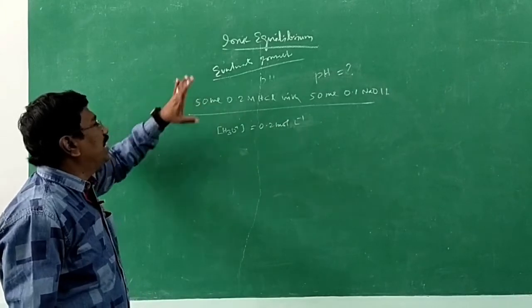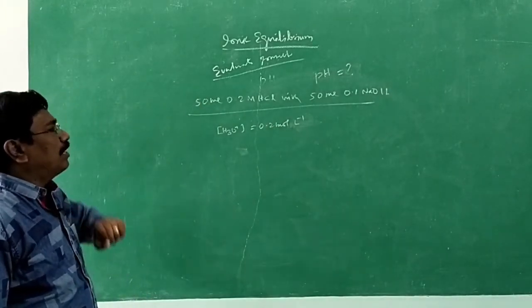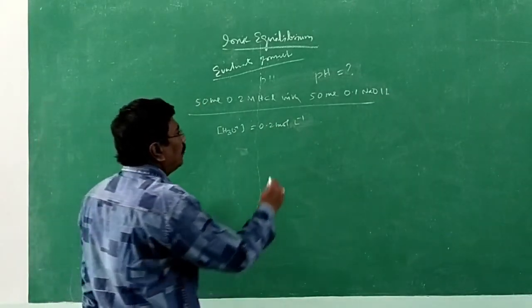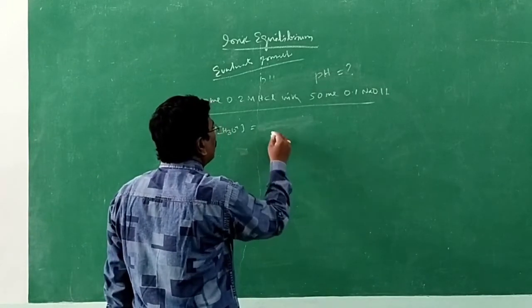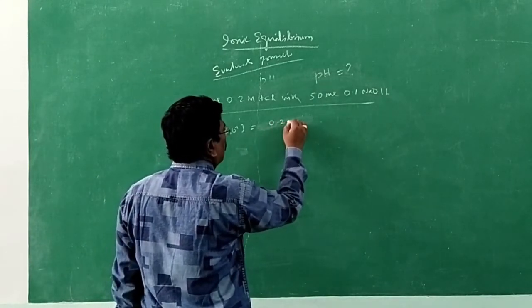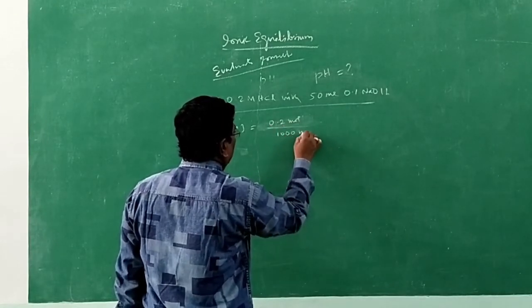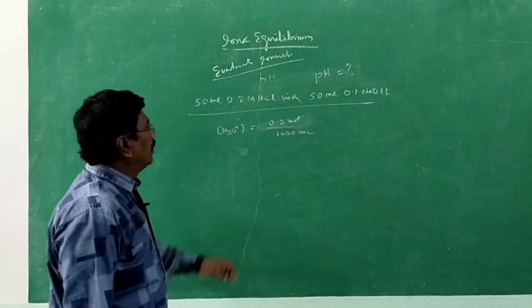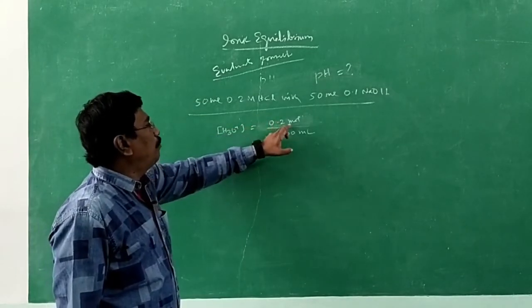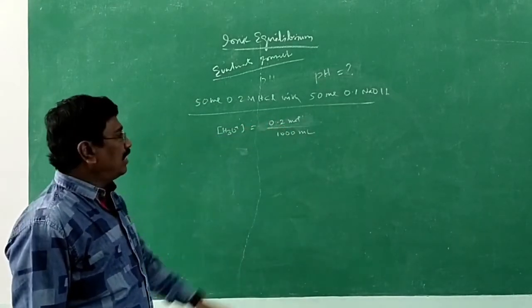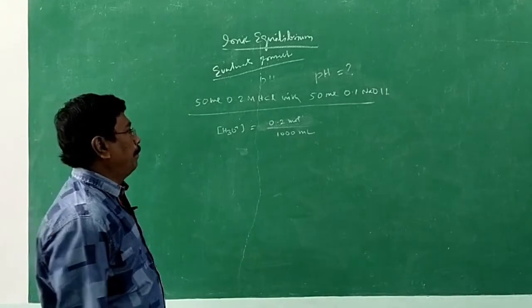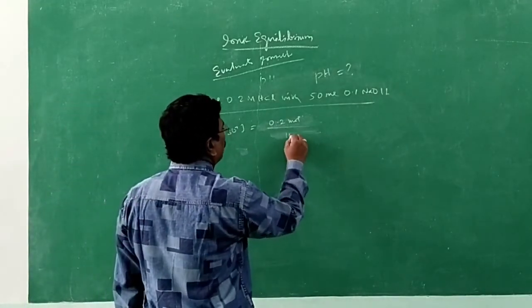Since we have only 50 ml, what will be the number of moles available? If I have 1000 ml, these many moles are present. That is the meaning of mole per liter. 1 liter contains 1000 ml, that is 10 power 3 ml.